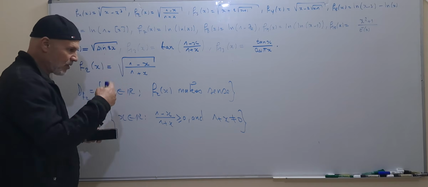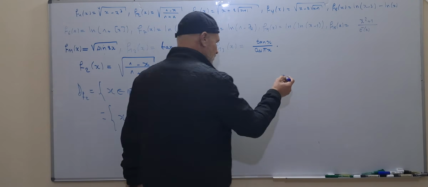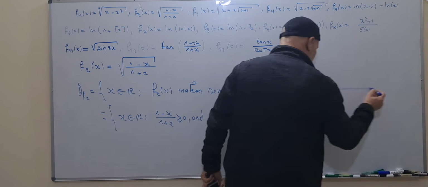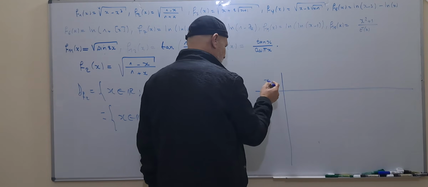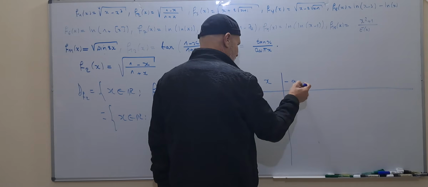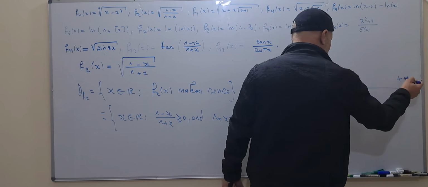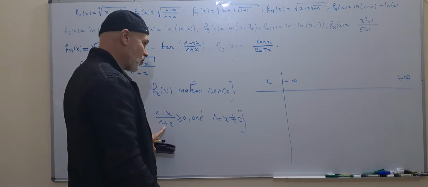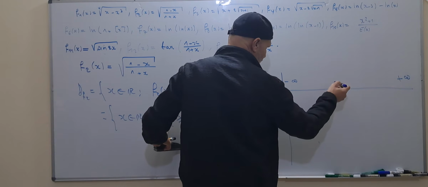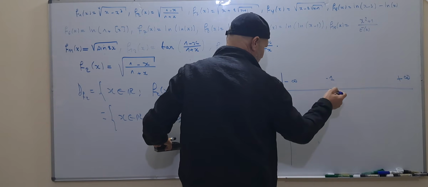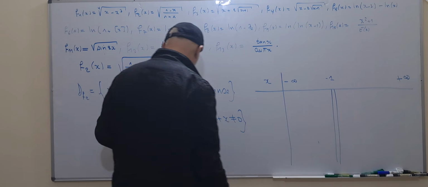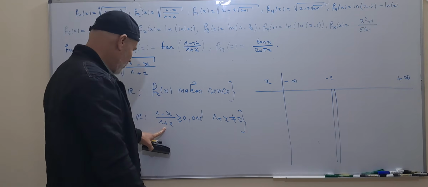The division acts as the multiplication. Once more, we have here x, from minus infinity to plus infinity. Remarkable value x equal to minus 1 is not allowed, a forbidden value.